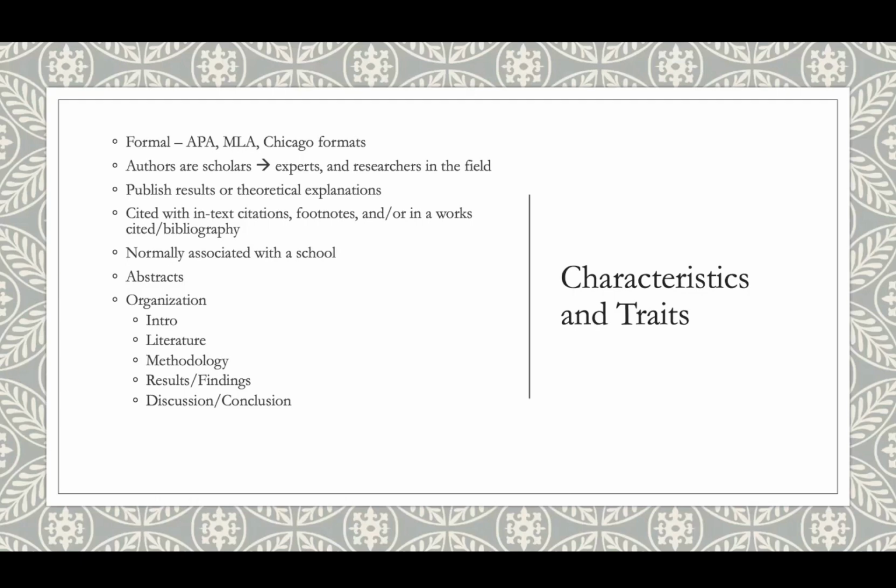And then there's also a works cited or bibliography, normally associated with some sort of school, like an institution of higher education. I say normally, because the article itself and the journal are associated with researchers who are across different schools. Not always, but they are normally associated with some sort of school.